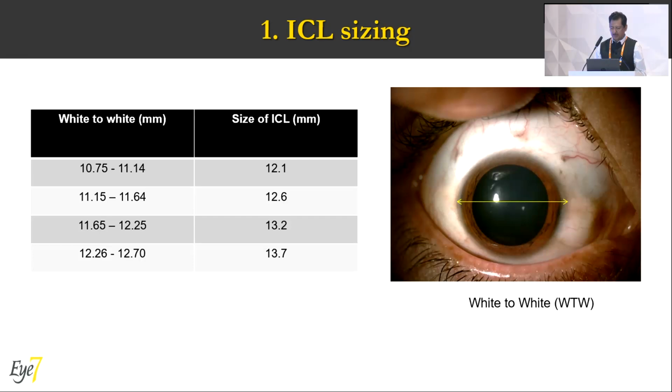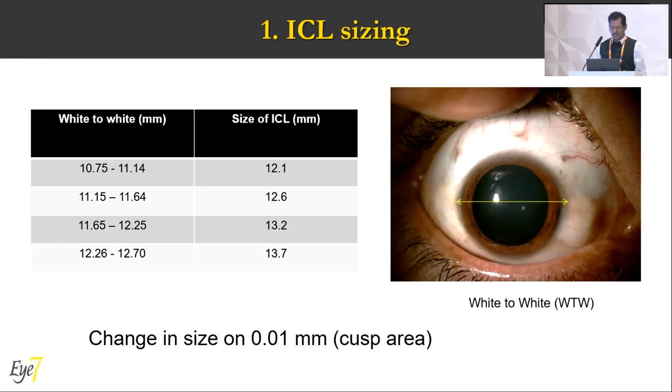Now, the problem is, from 11.14 size to 11.15 size, 0.01, there's a sudden jump of size. And this is more relevant in the small eyes where the jump is very steep from one side to the other. In the bigger eyes, it is less of a problem. We'll see what we can do about this.